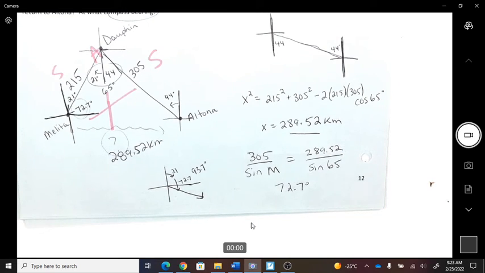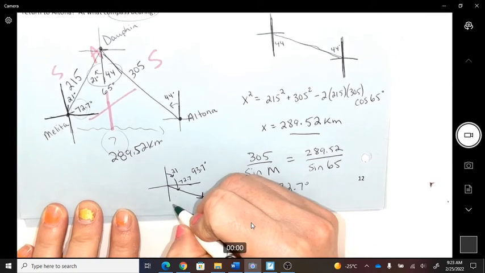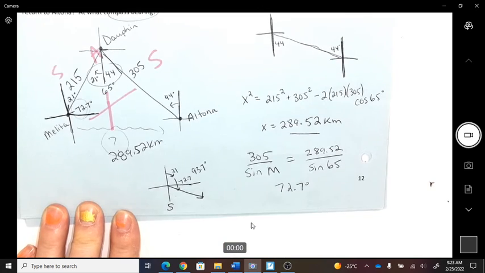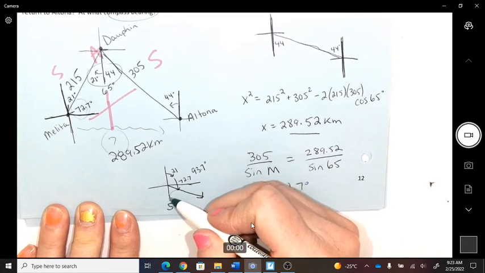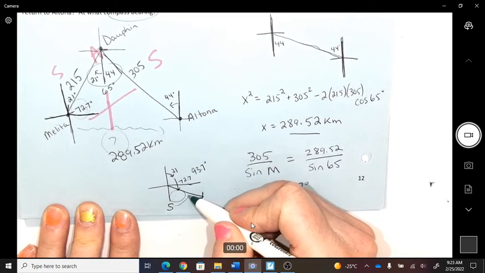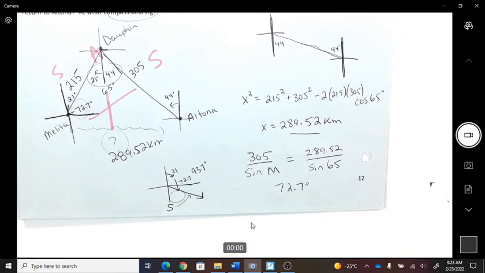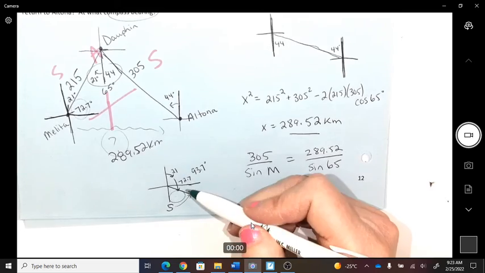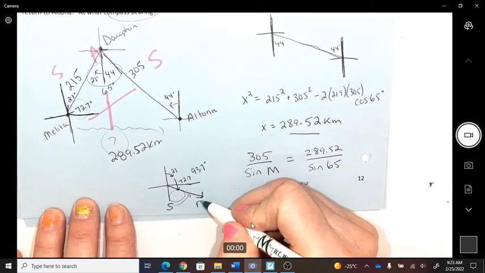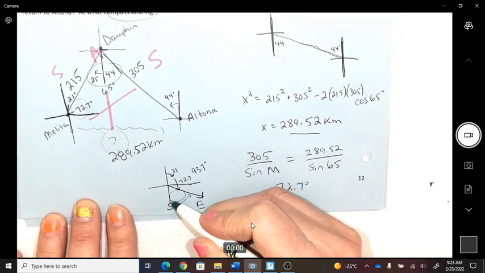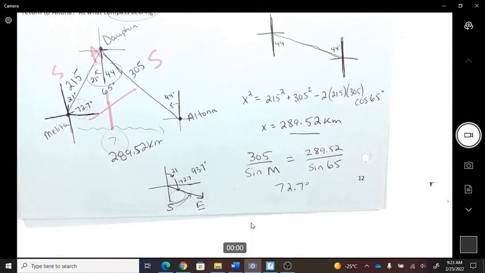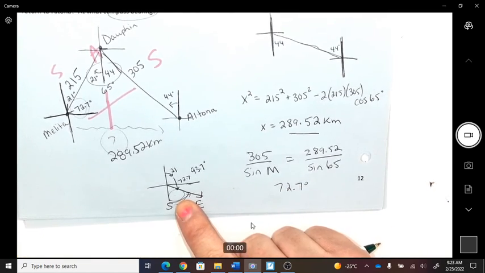Okay, so now we're going to make a compass bearing. So are we closer to the north or to the south marker? We'd be closer to the south marker. So now I need this number. How much did I swivel off of the south? And then that's in the what direction? The east direction. South swiveled how much east? So how would I get this number?